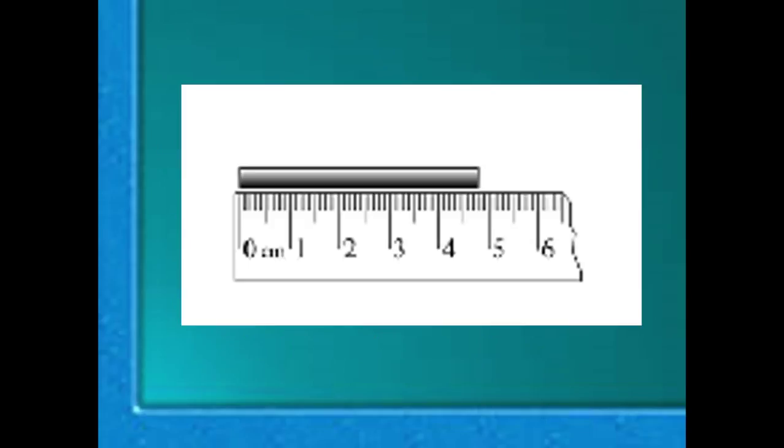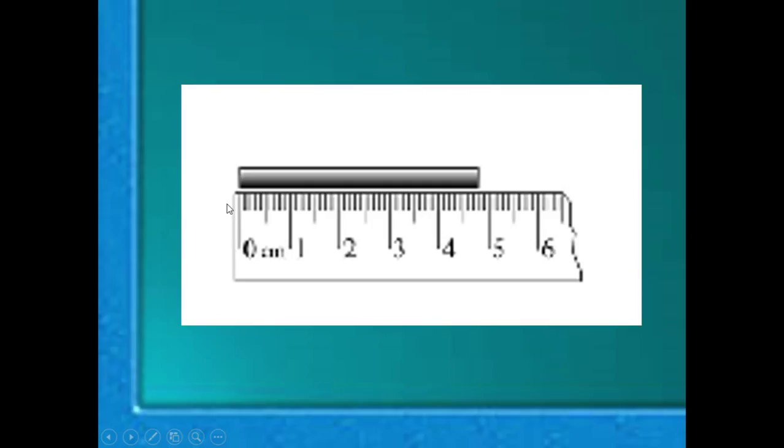So for example, let's look at this metal rod. I want you to take a second and see if you can determine the length of this metal rod in centimeters. Okay, if you got 4.8 centimeters, you were correct.